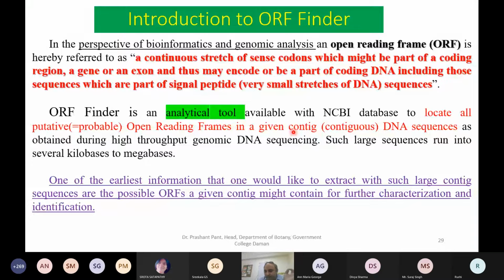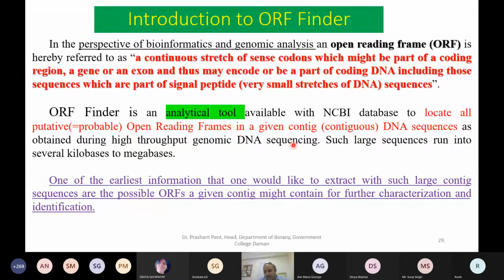So in a given contig DNA sequence as obtained during high throughput genomic DNA sequencing. When you're doing genome sequencing, and when you're using a technique where you have several kilobases or several megabases of DNA coming out as a result of DNA sequencing, when you have this large amount of DNA sequence coming out, in such cases these contiguous or continuous stretches of DNA sequences are subjected to ORF Finder.